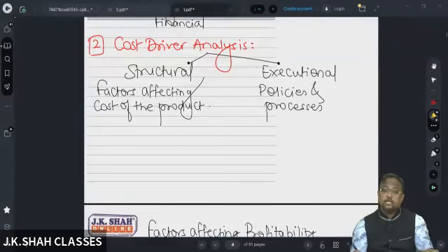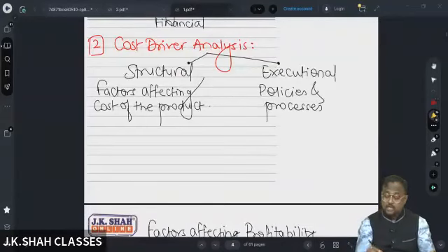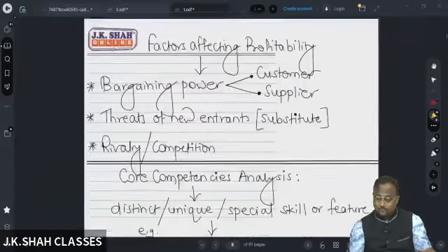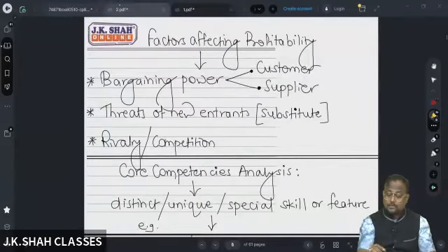My setup time, my delivery time, all this will come under executional, but then my inspection, or even in terms of production, if there is a setup after every batch produced, it can be classified even here. Got it?